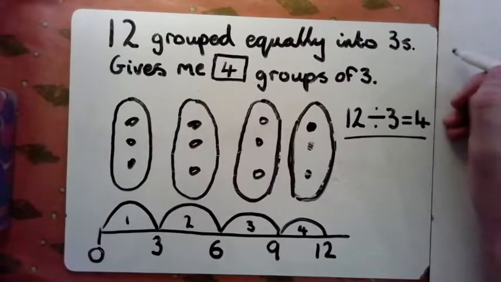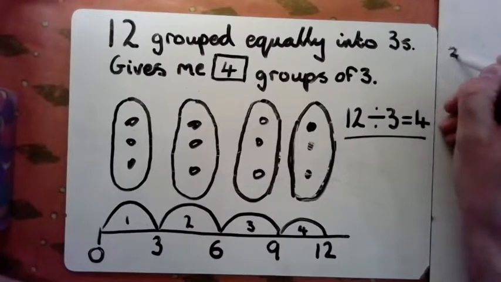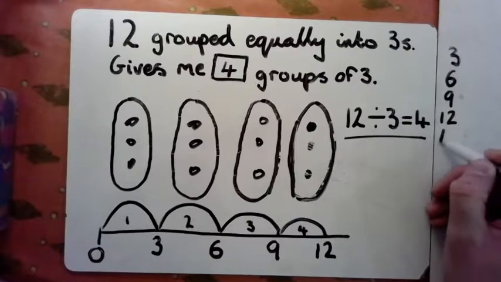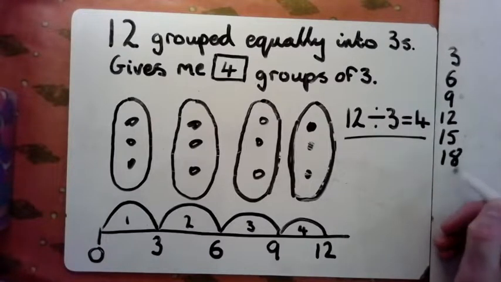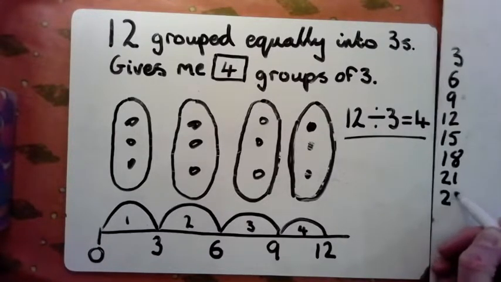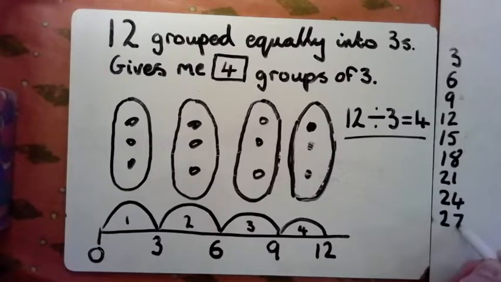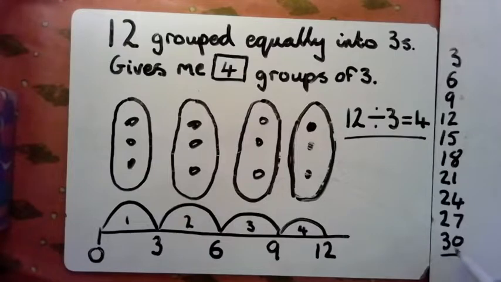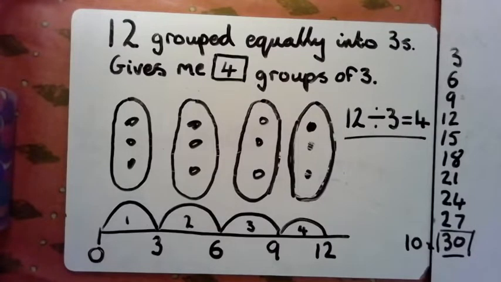So we can say 3, 6, 9, 12, 15, 18, 21, 24, 27, 30. And we stop at 30, because 30, we know, is the 10 times. Okay, it's good to stop at 30 when we get to 10 times. We've got that table added down the side to help us with our counting here.